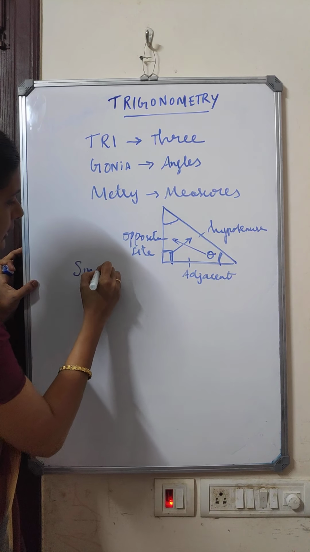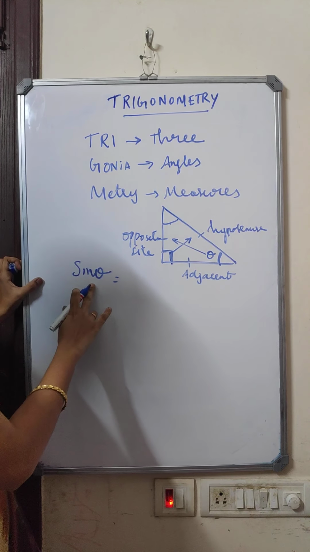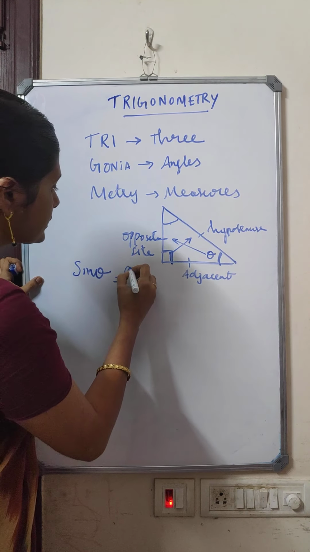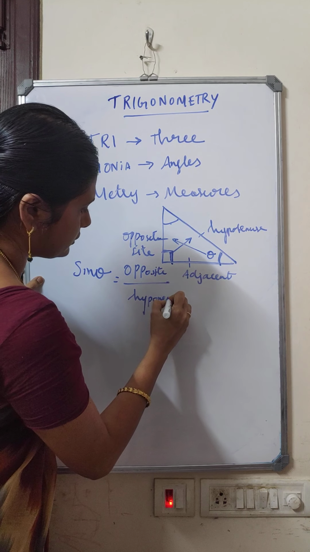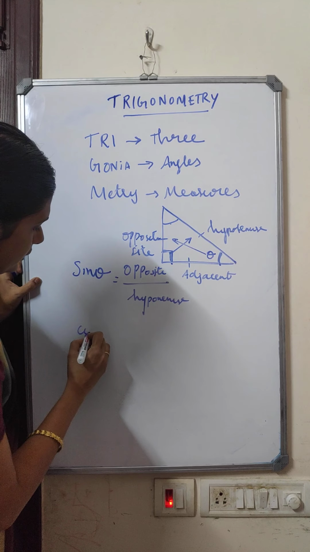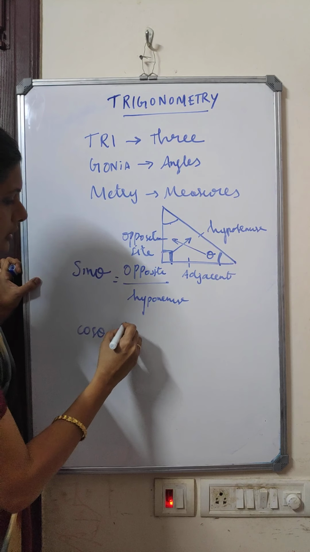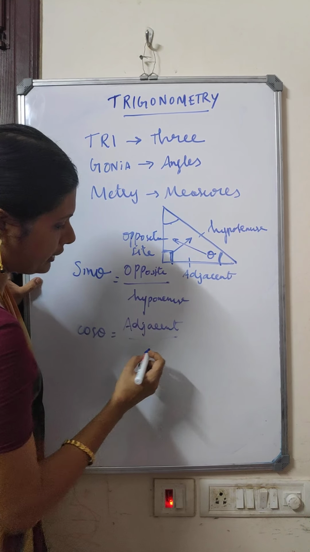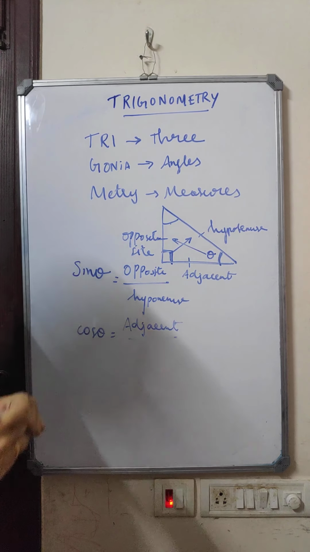Okay, sin theta. The formula is a ratio: opposite side by hypotenuse. Then cos theta is adjacent side by hypotenuse.